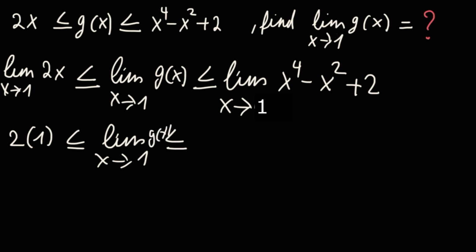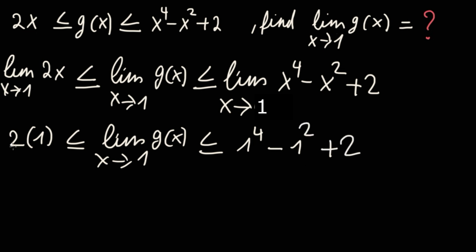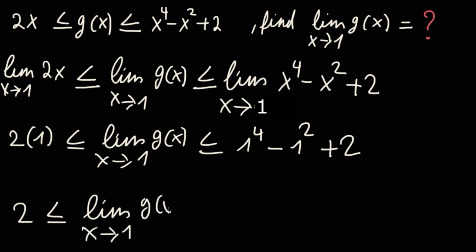And then, wait, let me just write it well. And then we will have 1 to the fourth power minus 1 squared plus 2. 2 times 1 is 2. Then we have the limit as x approaches 1 for g of x.